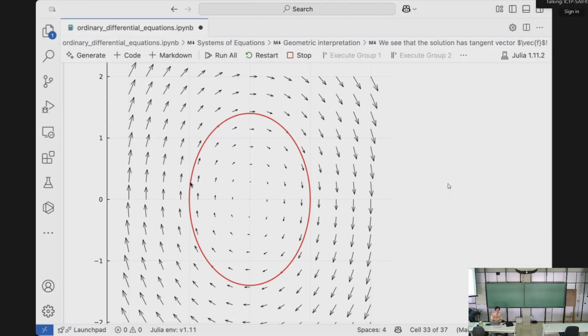So this circle here, for example, which is a solution, is actually tangent to all of these arrows in this vector space. Okay, so what the methods are doing here is trying to see the arrows and find how to point and how to navigate between them to get as close as possible to the solution.